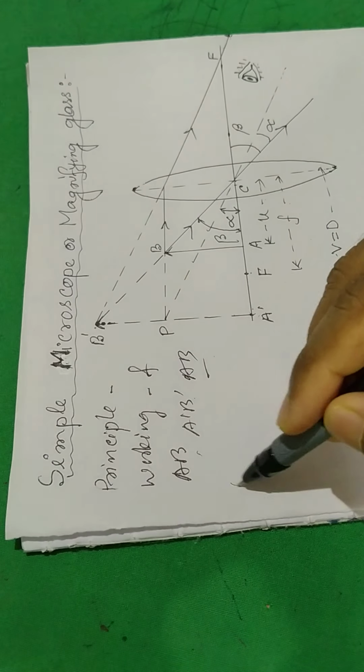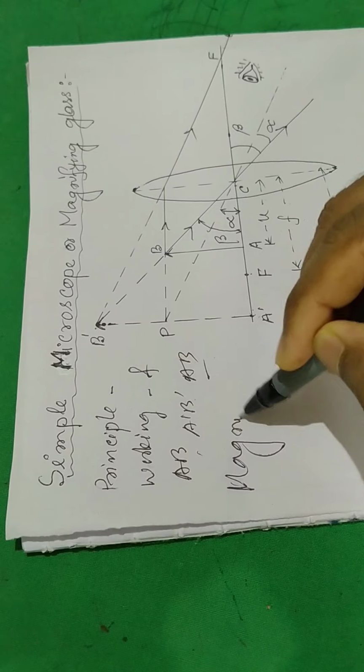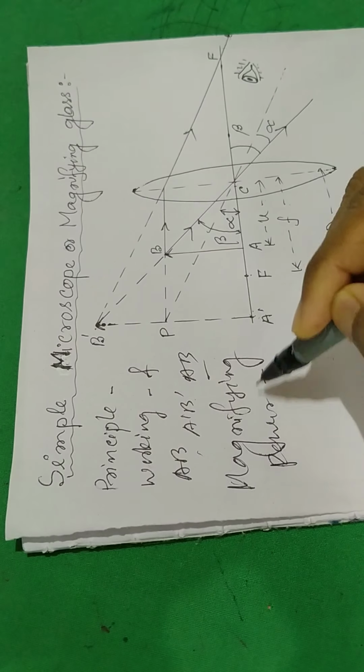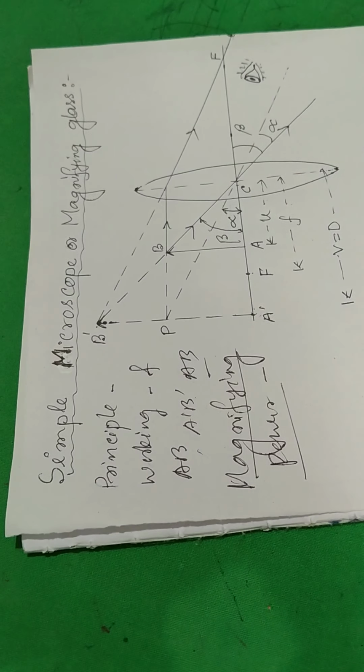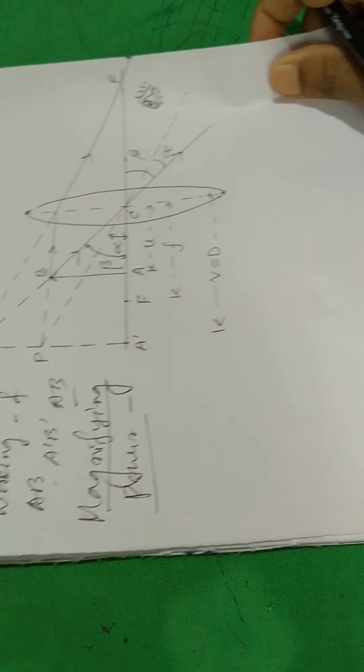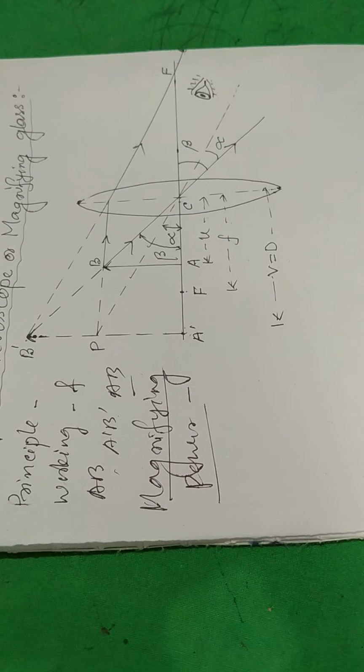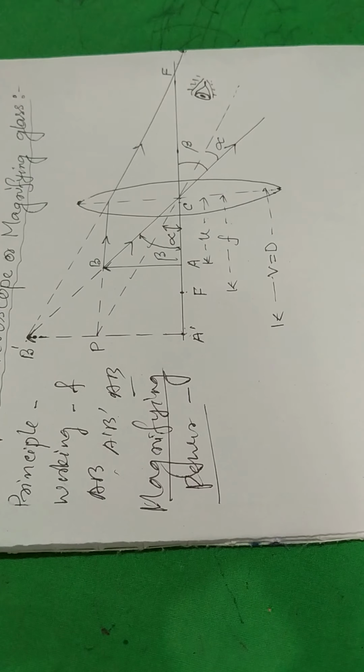Now, magnifying power. It is defined as the ratio of the angle subtended by the image at the eye to the angle subtended by the object at the eye when both are placed at the least distance of distinct vision independently.